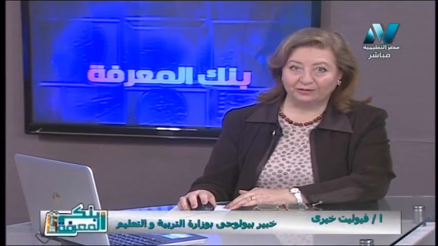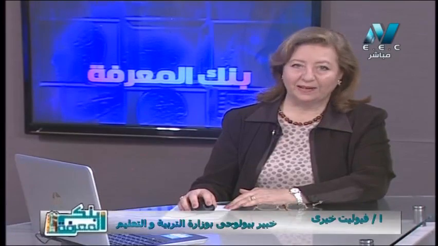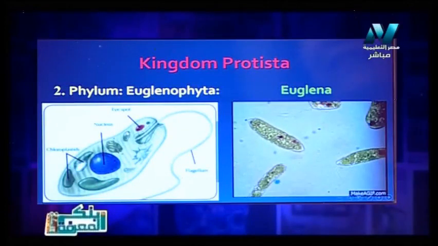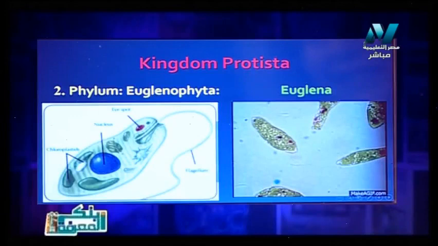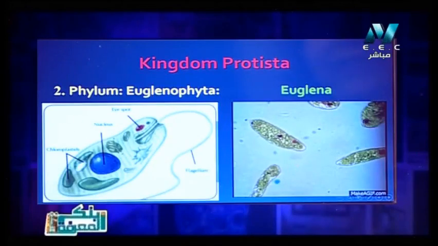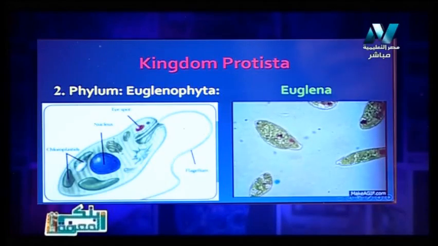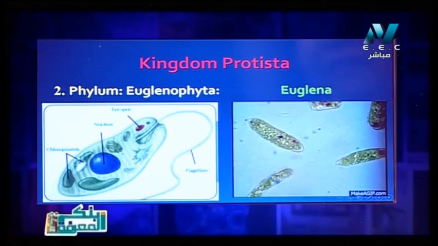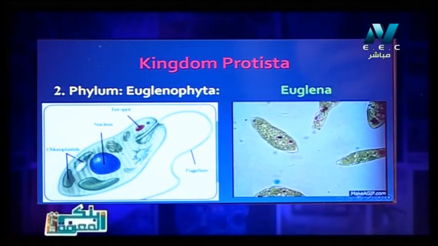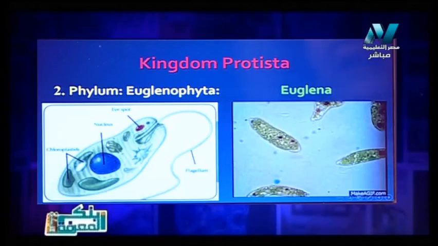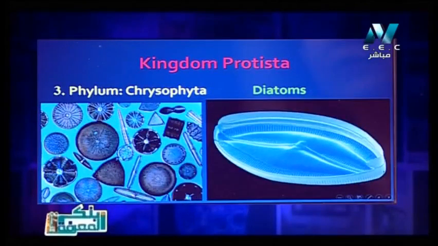Now we are in Euglena, which moves by food by photosynthesis process. Next phylum called Chrysophyta.